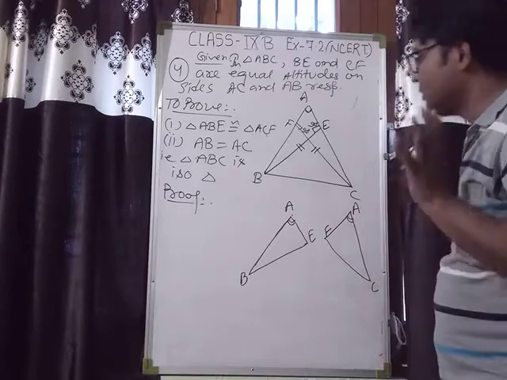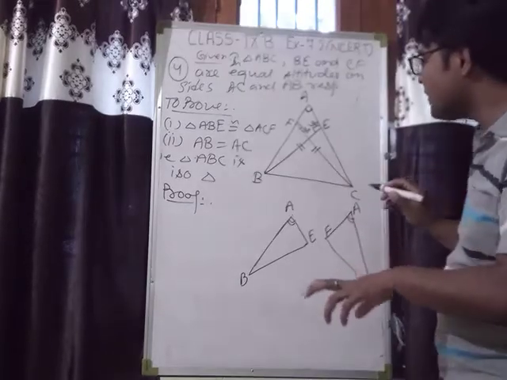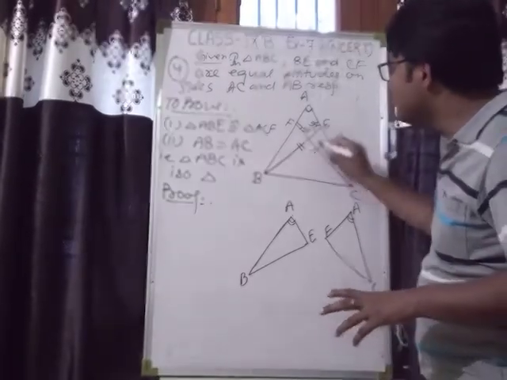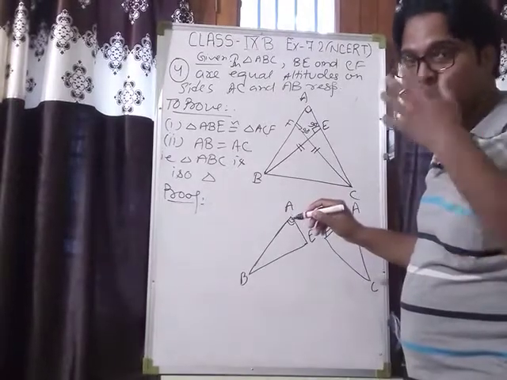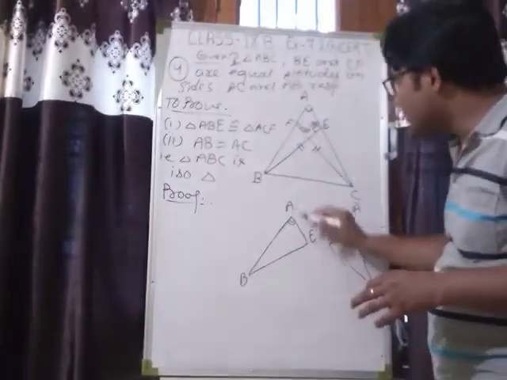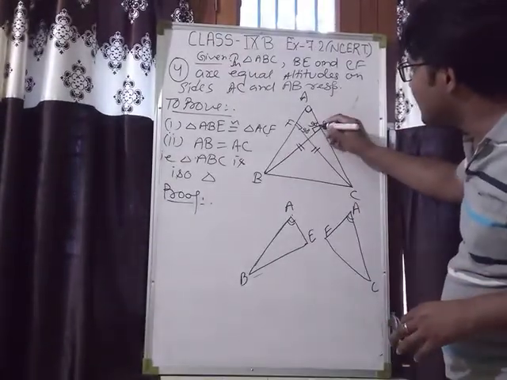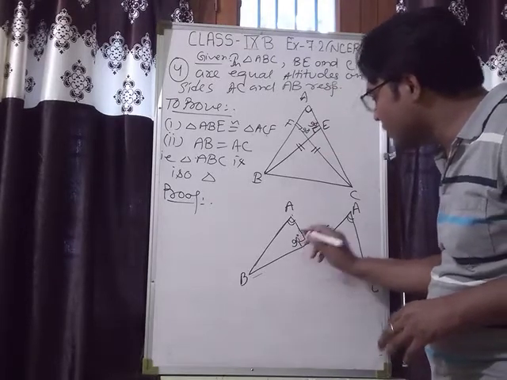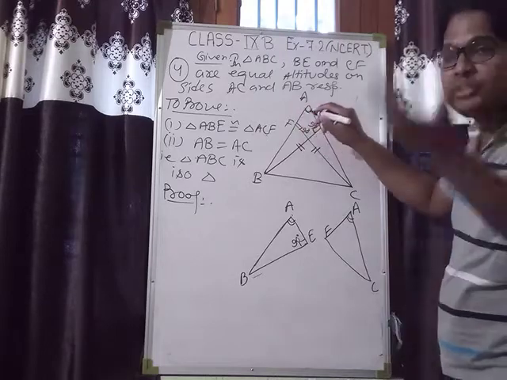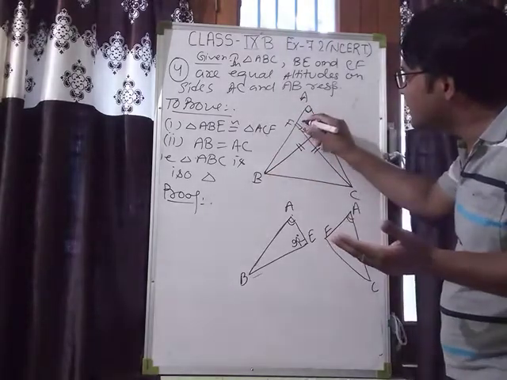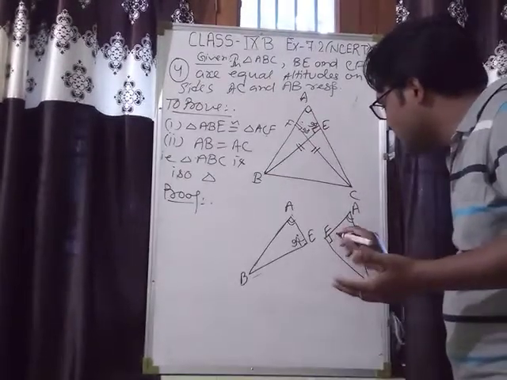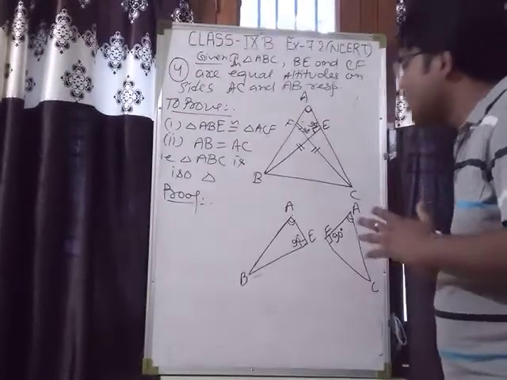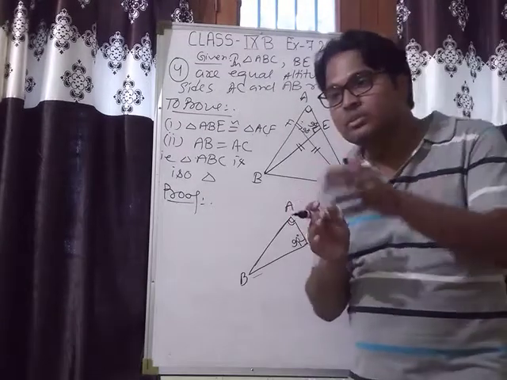Angle A is common, and it is also given that BE and CF are altitudes. Means BE is perpendicular on AC, so this angle is 90 degrees. And CF is also an altitude on AB, so this angle is 90 degrees.